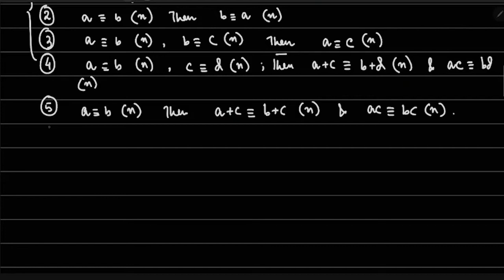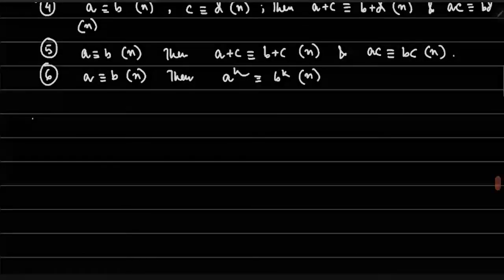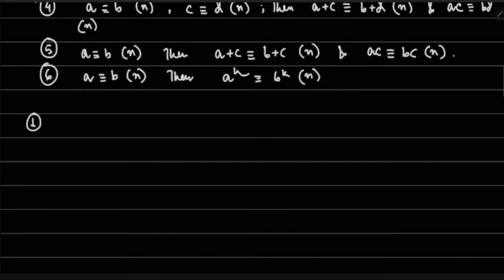This gives me the next one: if a is congruent to b mod n, then a to the power k is congruent to b to the power k mod n. Now our goal is to prove these things. How to prove them? Let's start with our very first statement, that a is congruent to a mod n.